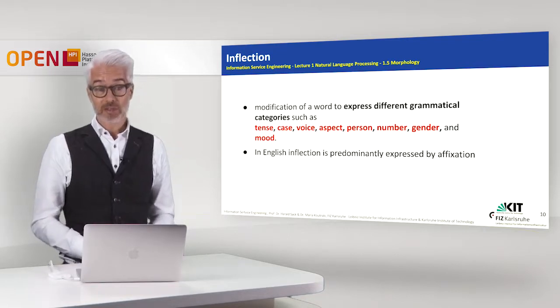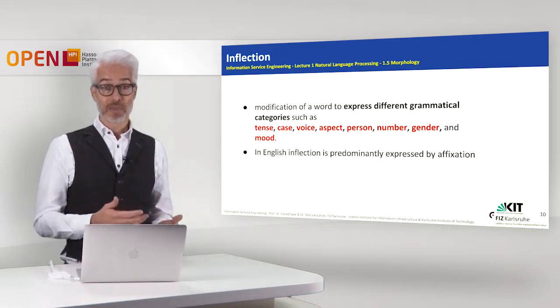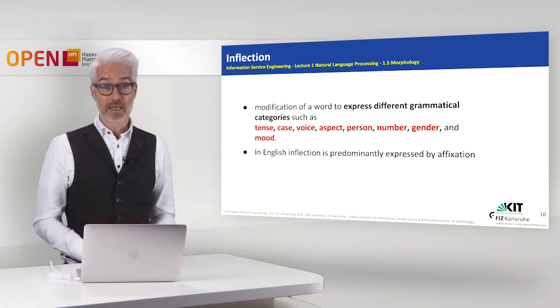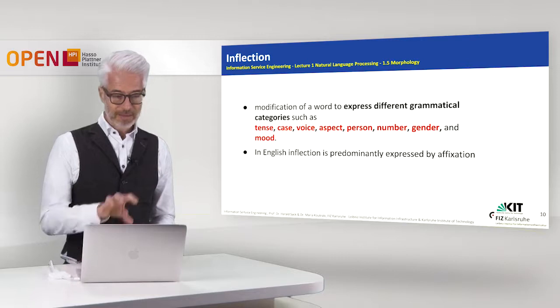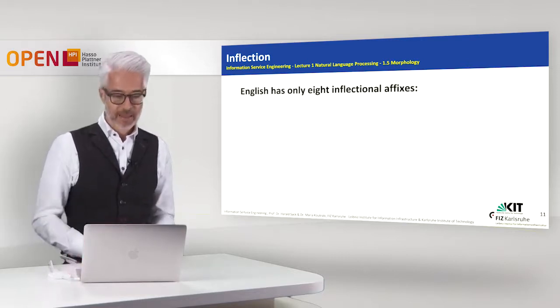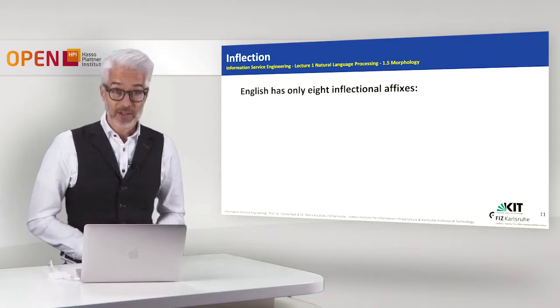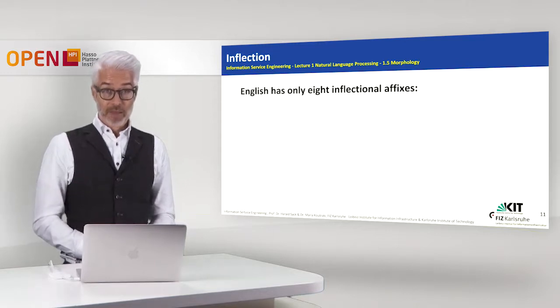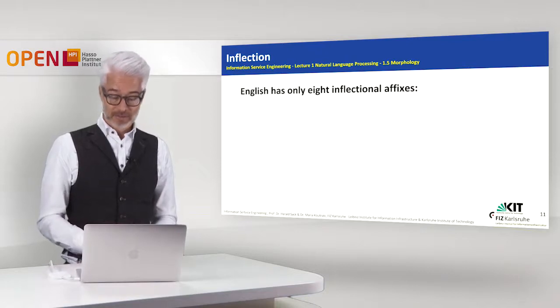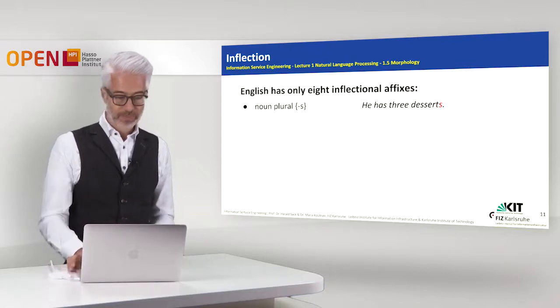So in other languages, the word might change in another way, but in English, you put an affix in front or in the end of the word to make clear that this is an inflection. Okay, let's have a look at the inflection in the English language. In English, there are only 8 inflectional affixes.